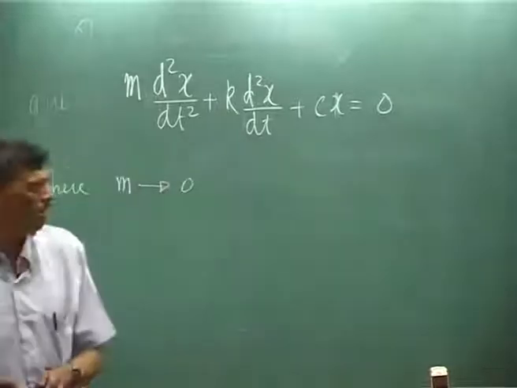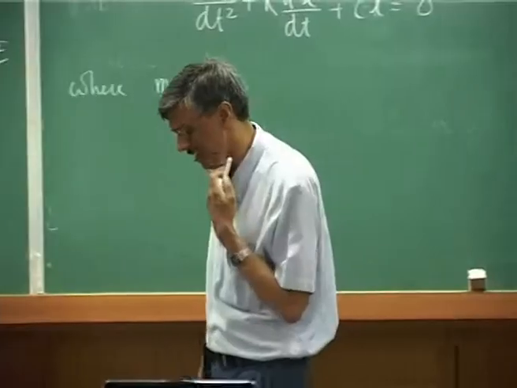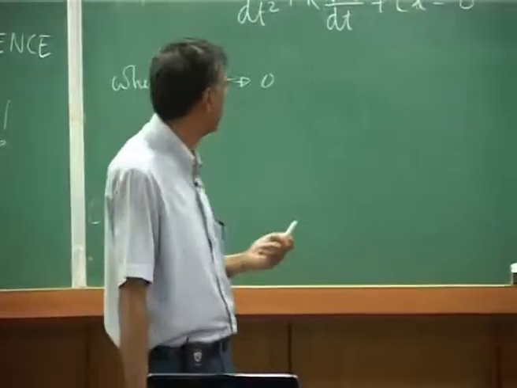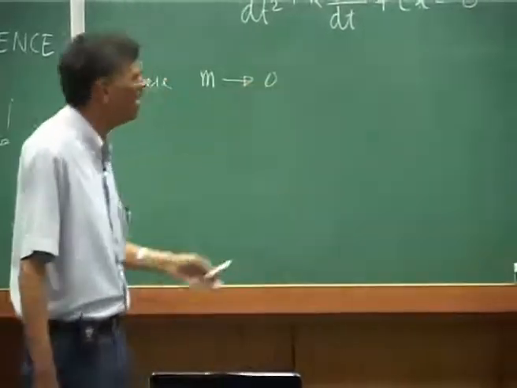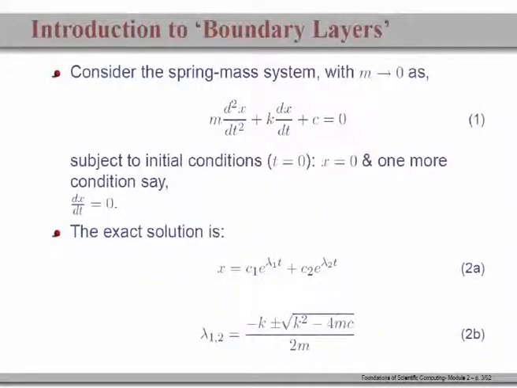Of course, if m is a regular quantity, then if I simply take a basic solution as e to the power lambda t, this will yield a quadratic. This is a constant coefficient ODE, and that quadratic will yield two characteristic exponents, lambda 1 and lambda 2, given by here. But as you can see, if m goes to 0, you really cannot directly apply this.